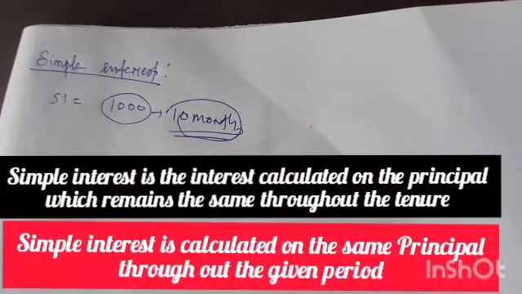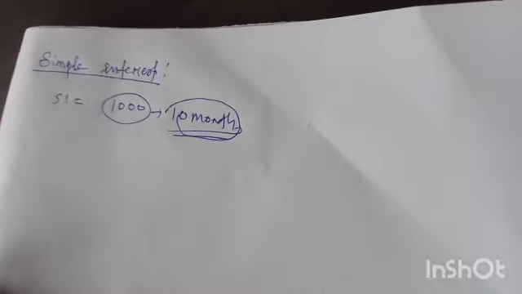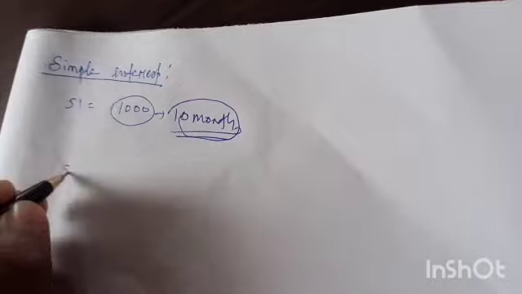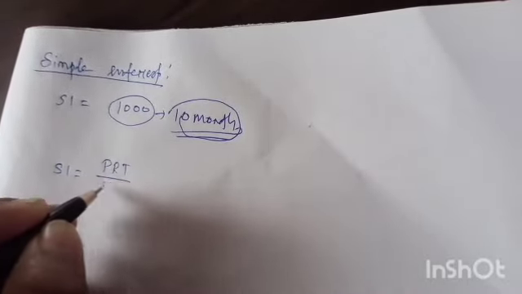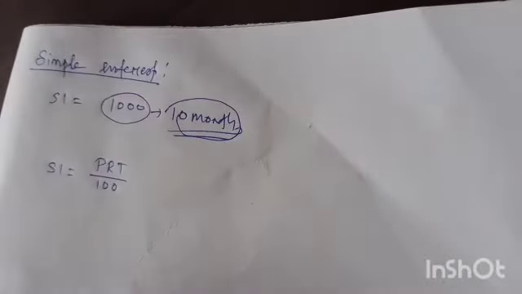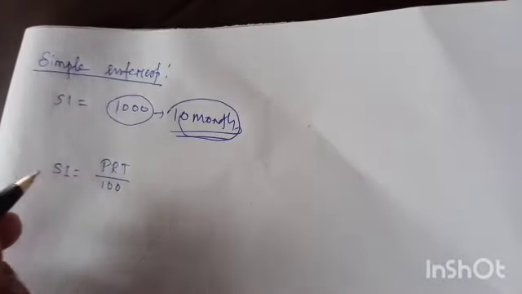So the definition you are looking at on the screen, right? This is defined as SI is equal to PRT by 100. How can we find the simple interest?